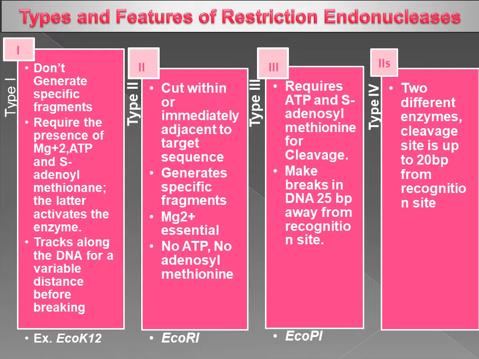It generates specific fragments. In this case, magnesium ions are essential, whereas there is no requirement of ATP and S-adenosyl methionine. In comparison with type 1, it generates specific fragments, and that is the reason type 2 is useful in gene cloning.